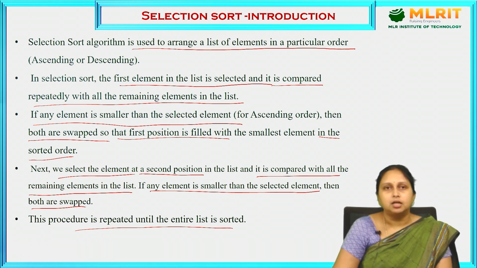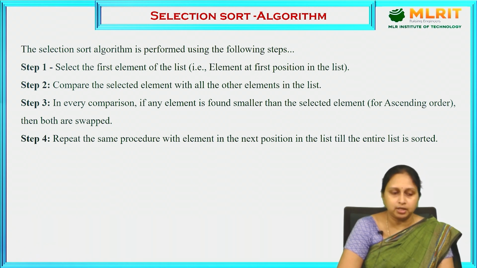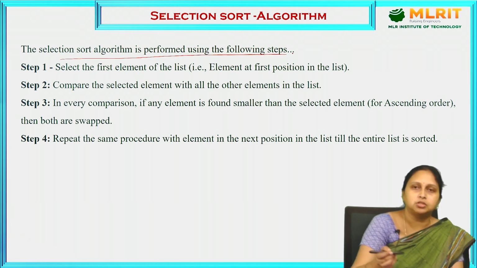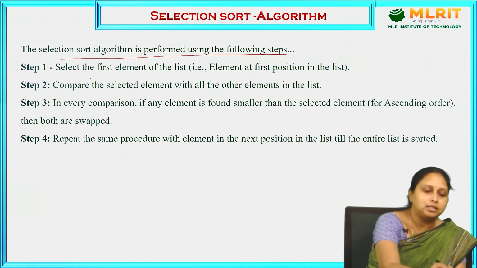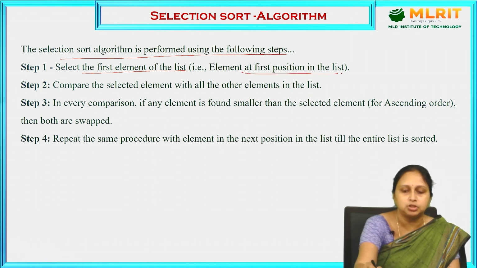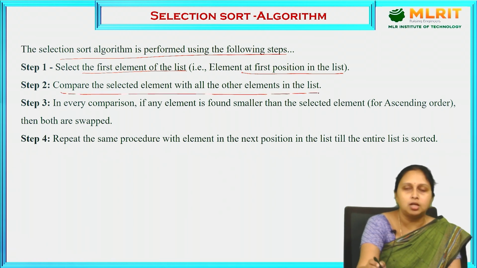Now come to the next one. The same thing has been represented in an algorithmic way. The selection sort algorithm is performed using the following steps. Select the first element from the list, the element at the first position. Compare the selected element with all other elements in the list.